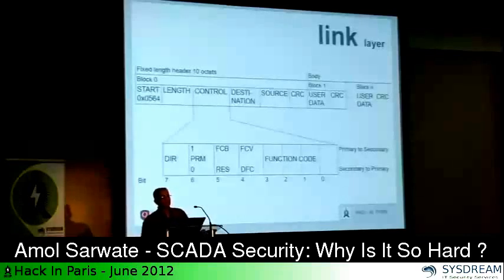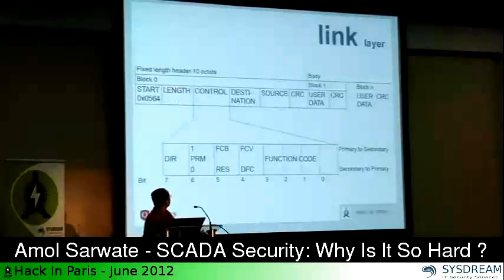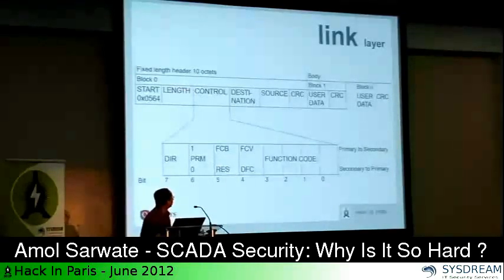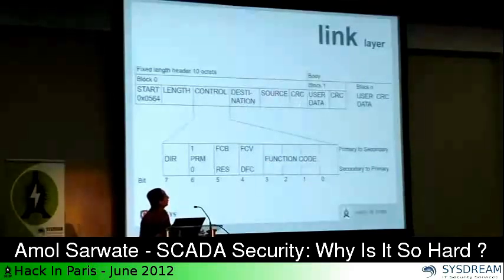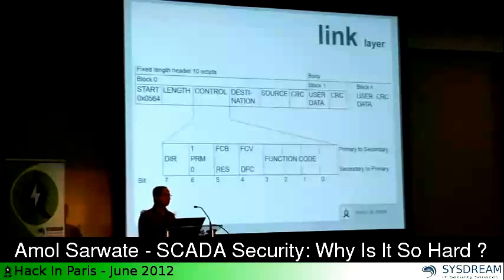And this is at the bottommost layer, a link layer frame, which has a start byte, length of the packet. It has a few function codes, destination, source, and now we have some sort of a CRC here. So a little bit of improvement on Modbus.